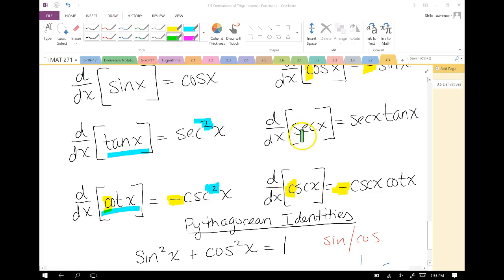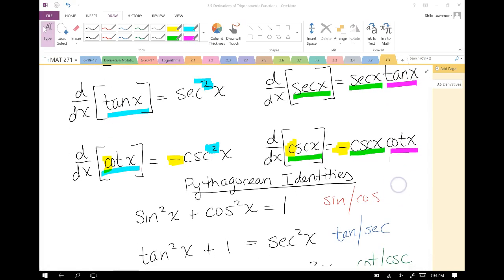And then these other two guys, which are the reciprocals of our basic functions, they both contain themselves and their Pythagorean partner. So what I mean by that is, the derivative for secant contains a secant, and then whatever guy was down here with them in the Pythagorean identity.